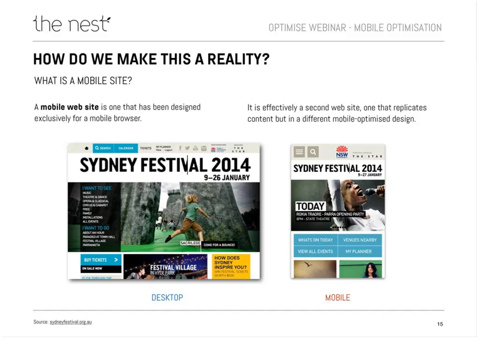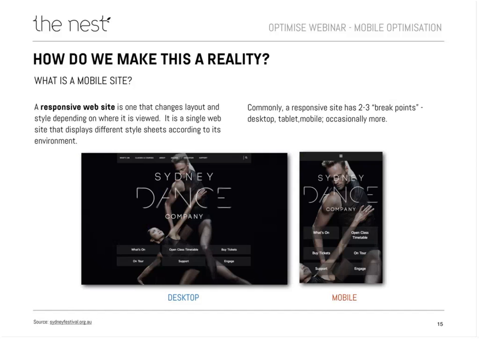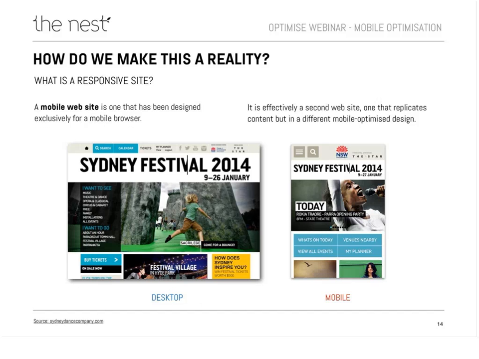It's the same content management system, but it's pushing the content to two different websites. So the difference, I'll just get back to responsive. Here's responsive: effectively one website with different styles. And here on mobile, it's effectively two websites, albeit using the same content. So there's quite a bit of nuanced difference there.